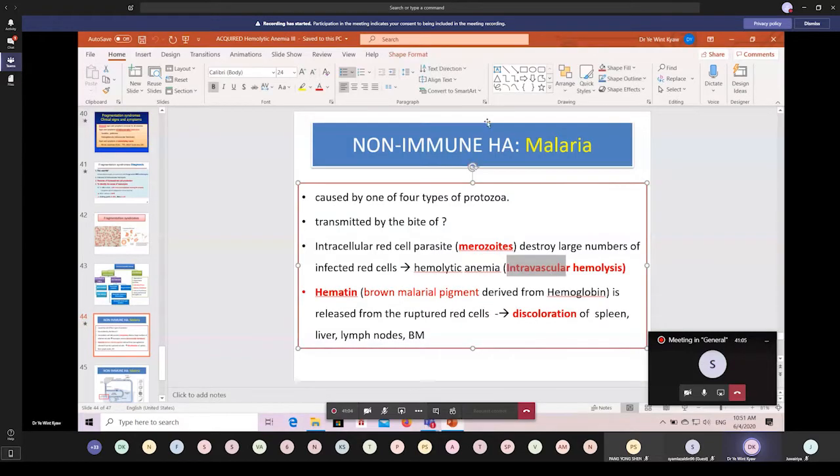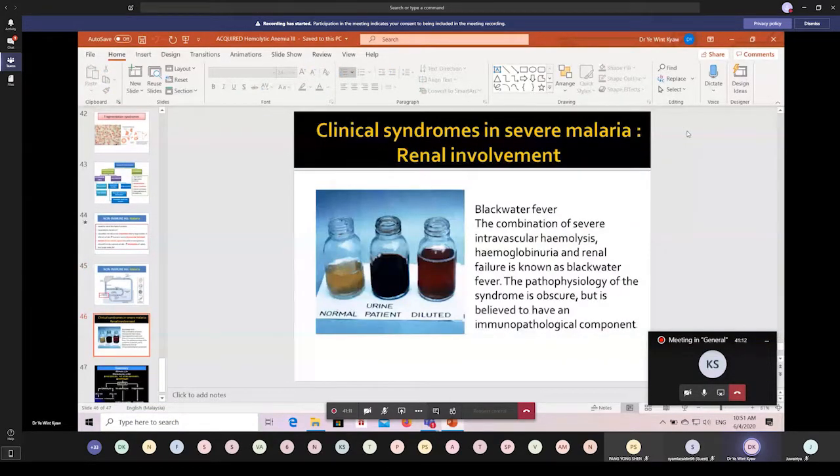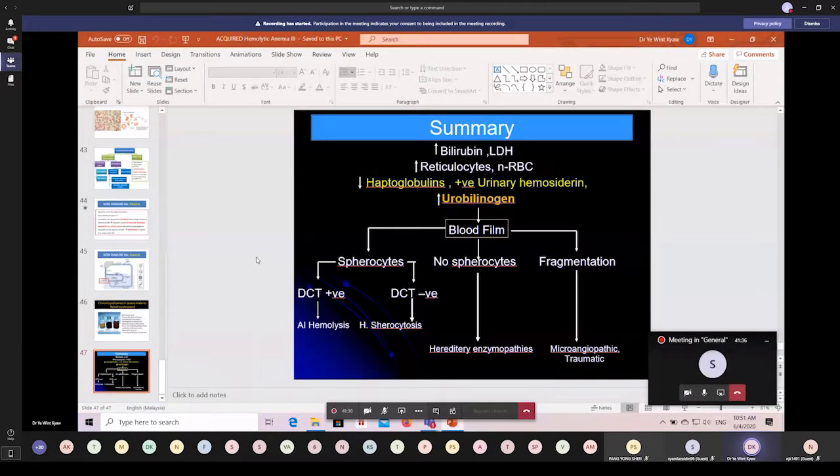I want to mention malaria because this was taught in microbiology. So in malaria, there is a lot of lysis of RBCs. This can cause blackwater fever. You can see the urine color is black, hemoglobinuria. Hemoglobinuria and renal failure is known as blackwater fever, caused by hemolysis.